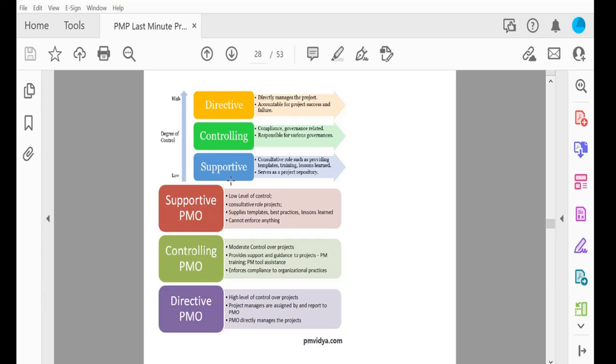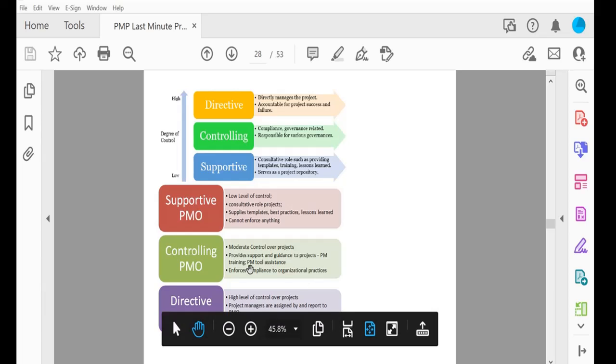And in the mock test, I found some questions mainly on the controlling. They say the organization provides different types of project management tools, but they also have governance on the projects. Select which type of organization this is.